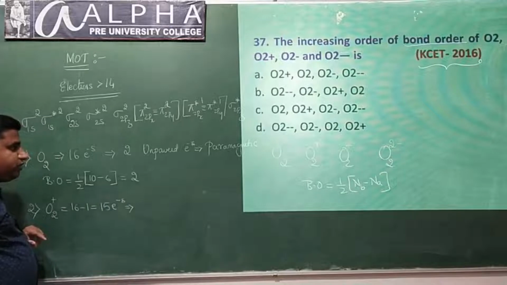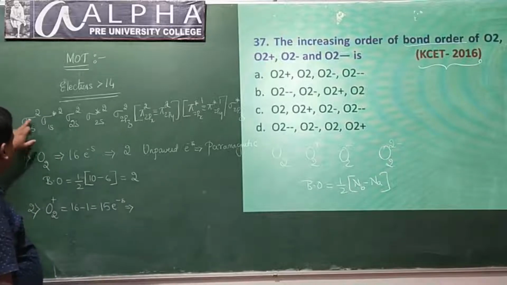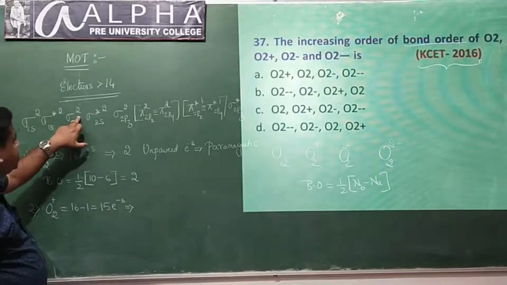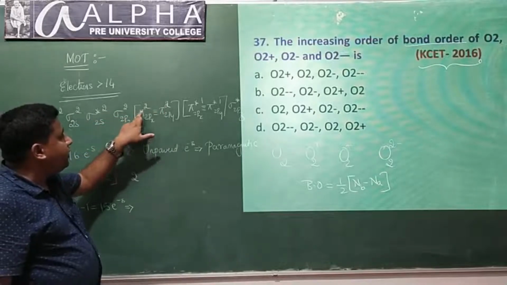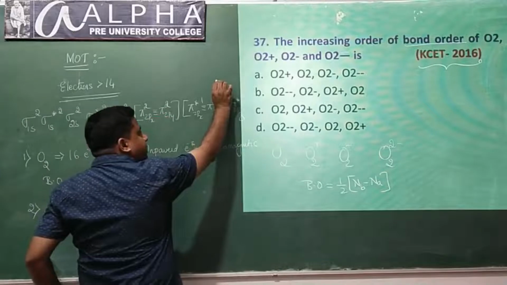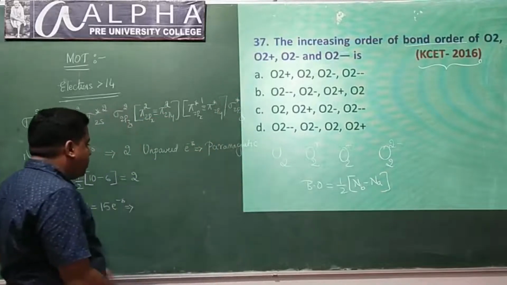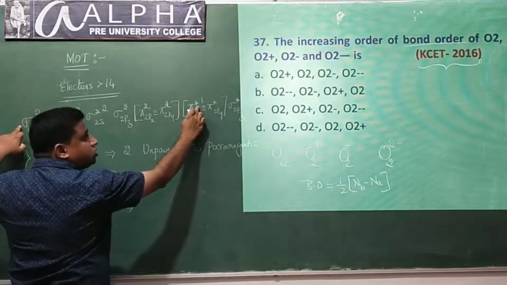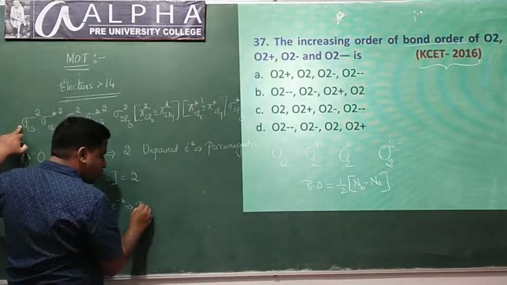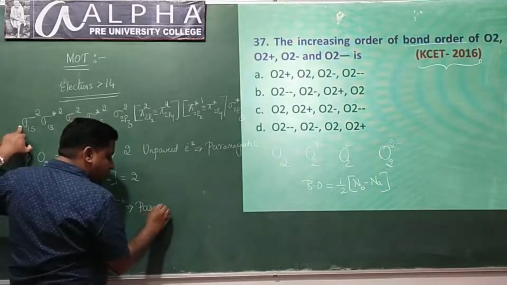So shall we fill those 15 electrons? Yes, 2, 4, 6, 8, 10, 11, 12, 13, 14, 15. That's it. So here also there is one unpaired electron. This also has one unpaired electron, hence it is also paramagnetic in nature.